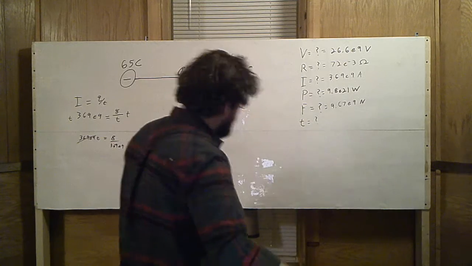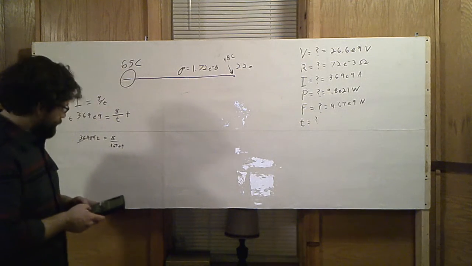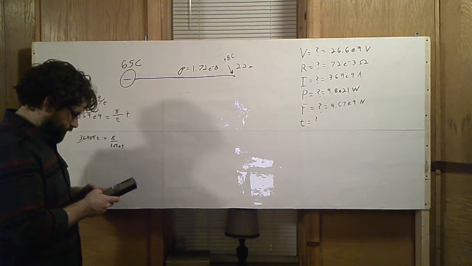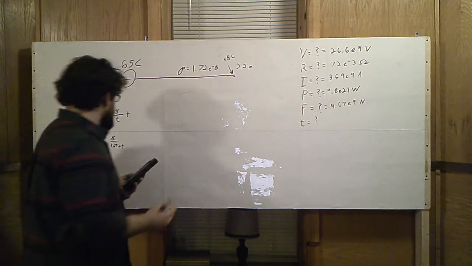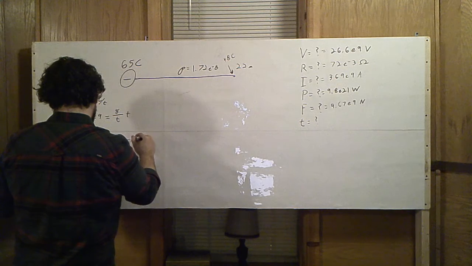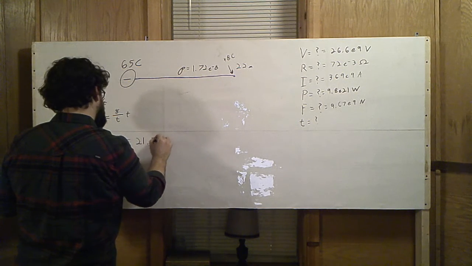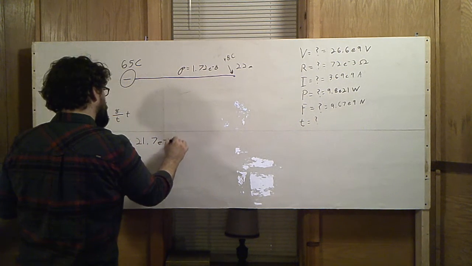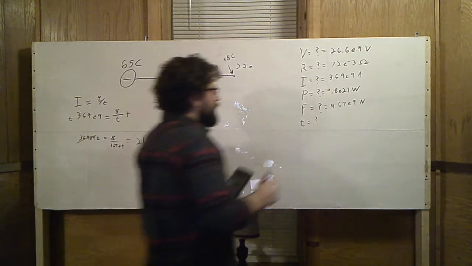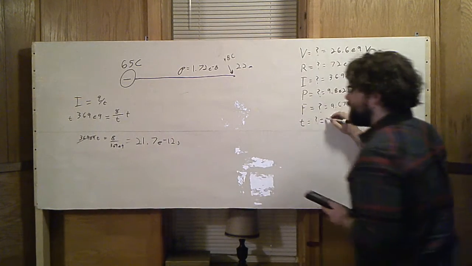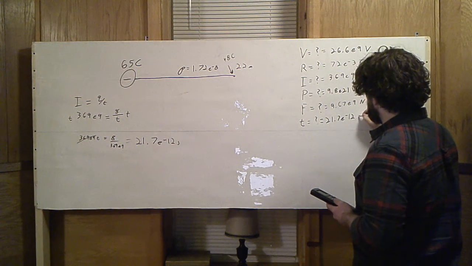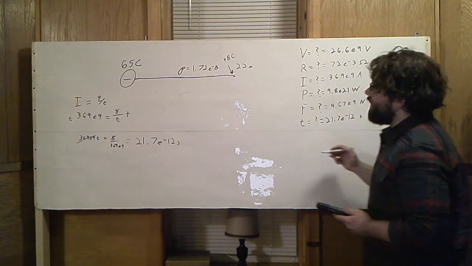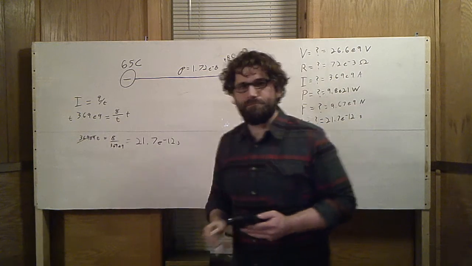It'll be very, very tiny. So our time is 21.7E-12 seconds. It takes 21.7E-12 seconds to travel through this wire.